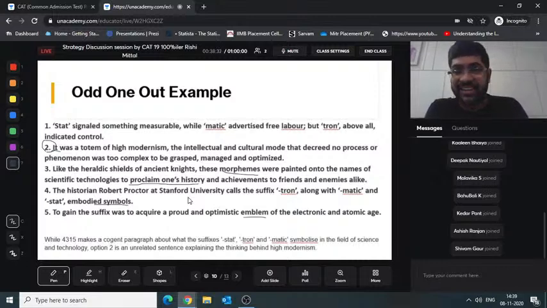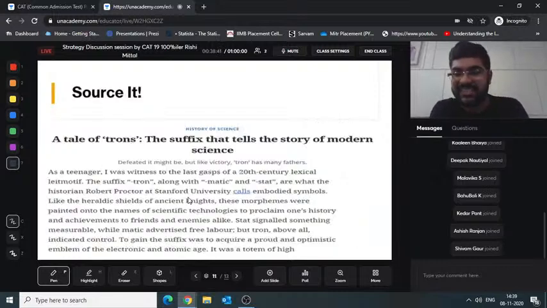Again, as we did in the para-jumbles, I'll recommend the same thing that you do in the odd one out example. That is, source it. Just source the question, source the sentences. After analyzing the mock or the paper, the RCs, the PJs, the odd one outs, just source them.